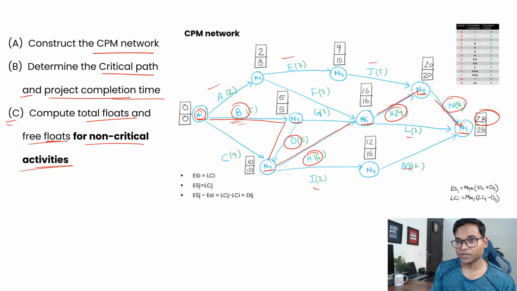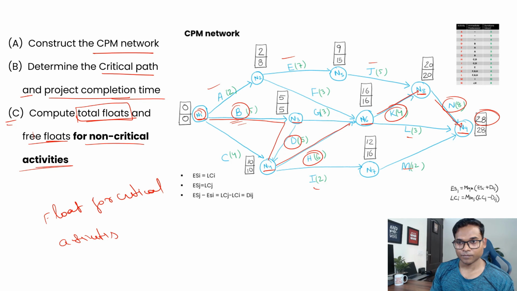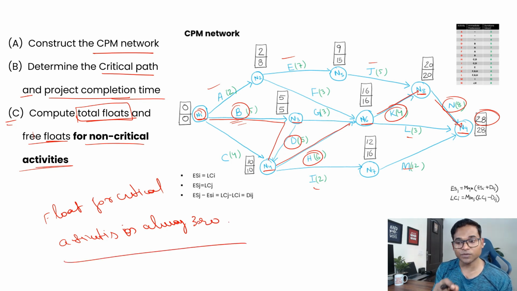And that's why we are talking about total float. Remember, for critical activities, float is always 0, and that's why we call them critical, because you cannot shift those activities without impacting the overall project duration.